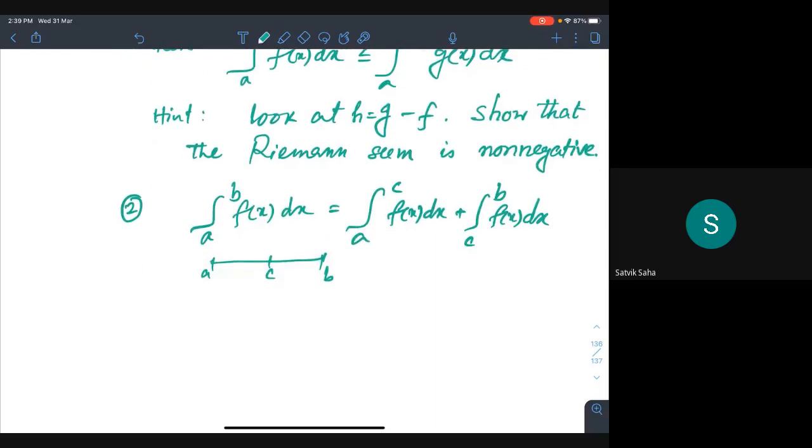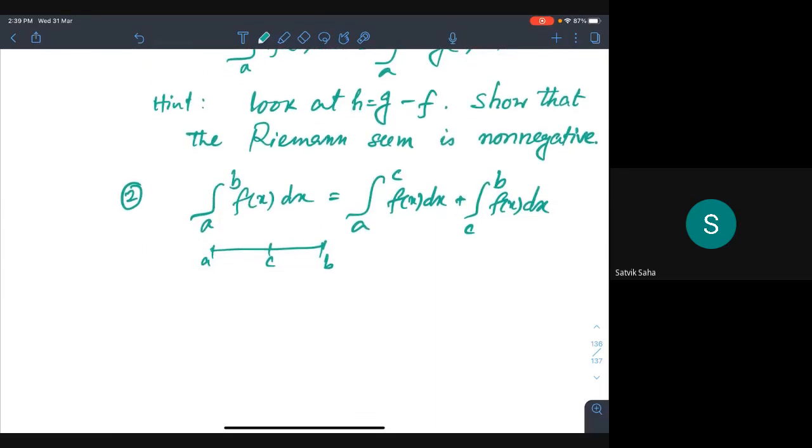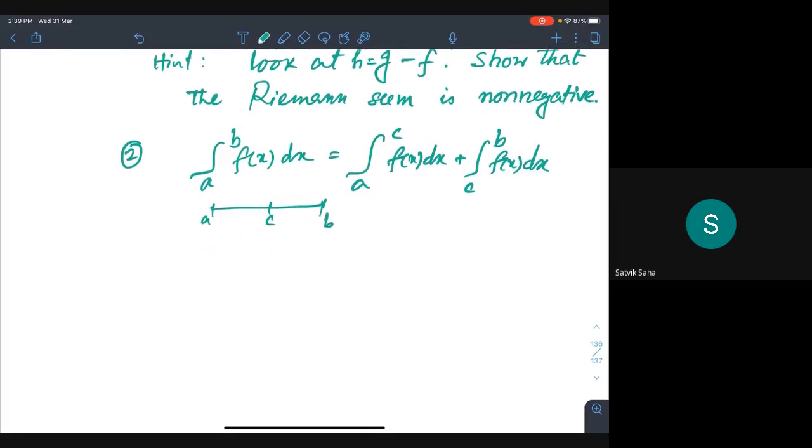Now you can prove it. Make a refinement of the partition so that c is a point of the partition, and then separate these two partitions, one from a to c and another from c to b, and then you get these two. All right, any question here?